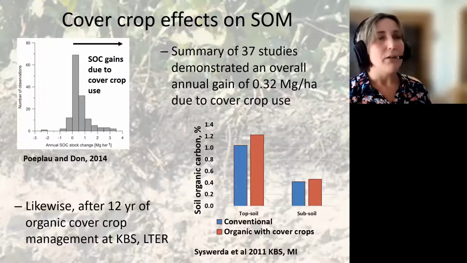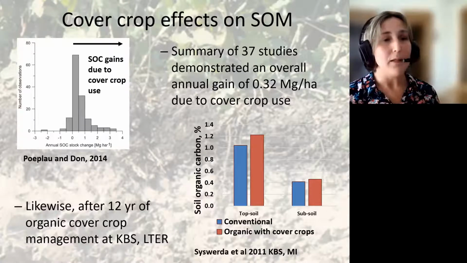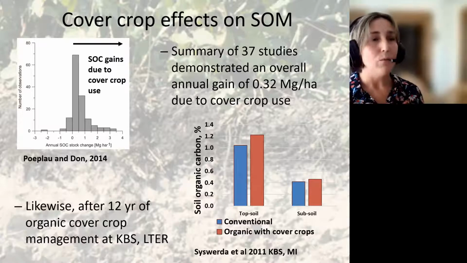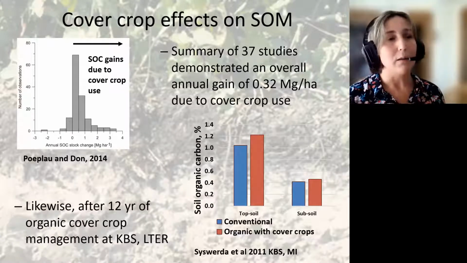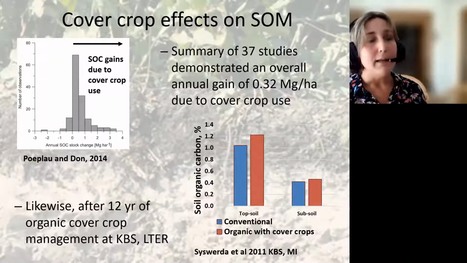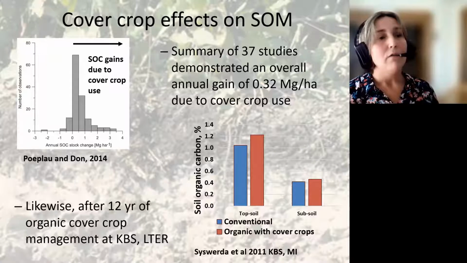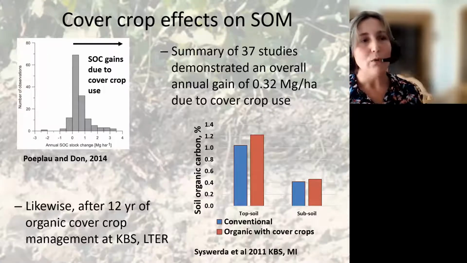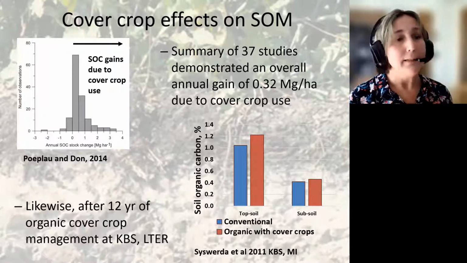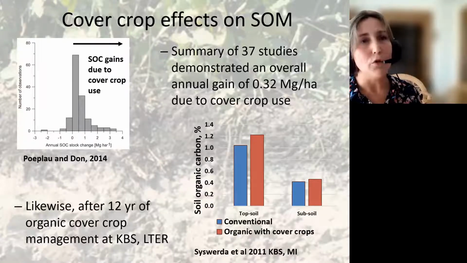This organic cover crop management that LTR at KBS has keeps me amazed whenever I think about their soil carbon results, because it is being very heavily tilled. For weed control, it's been tilled very intensively, much more so than the conventional management.